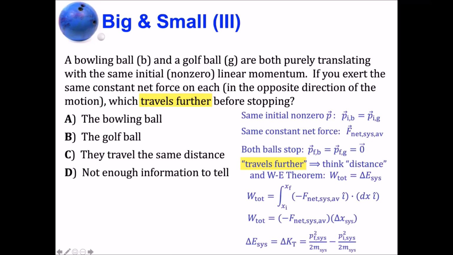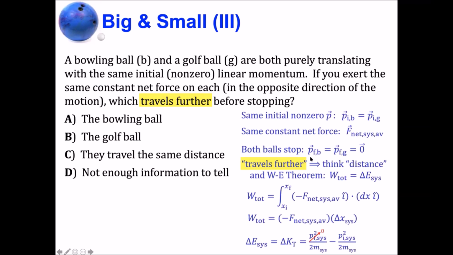If I write my kinetic energy change as my system's final kinetic energy minus its initial kinetic energy, and I use the expression for kinetic energy that involves the linear momentum magnitude squared divided by twice the mass instead of 1/2 mv squared, then this first term is going to go to 0 because I know both balls come to a rest when they're fully stopped.